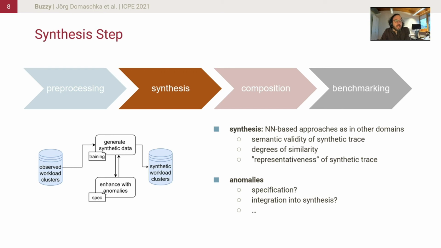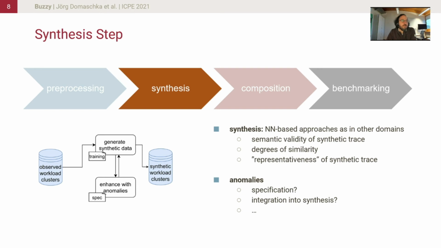Here, the challenges are to ensure the semantic validity of the synthetic trace, to find metrics on how to measure the degree of similarity between different traces, and also to get an understanding of how representative a synthetic trace is compared to the original workload. Anomaly-wise, it is currently unclear to us how you would specify anomalies that you want to have and how you would want to integrate these into the synthesis step.